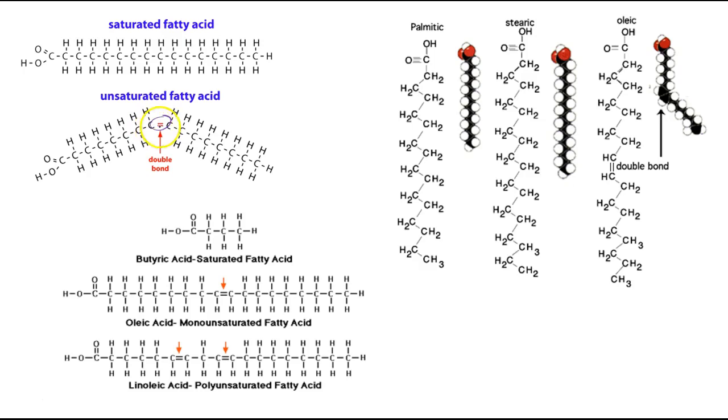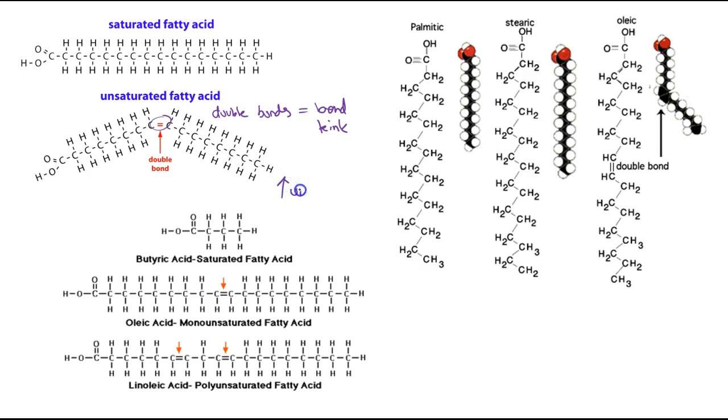Notice that when the double bond happens, the resulting chain bends. Okay, so double bonds are going to elicit a bend or a kink in the fatty acid. The more double bonds, the more bendable and the more flexible the fatty acid gets.